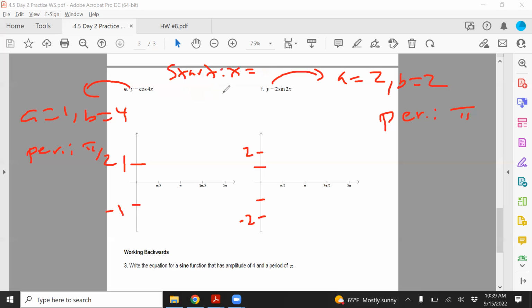Actually, they each have different ending points. This one is going to end at x equals pi. This one's going to end at x equals pi over 2. So for the cosine graph, that's going to be really tight. Really, really tight.